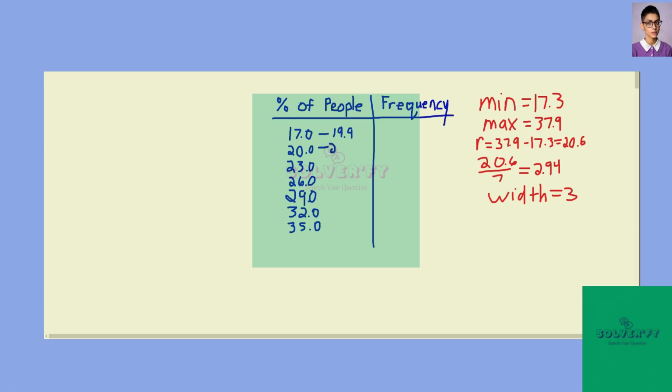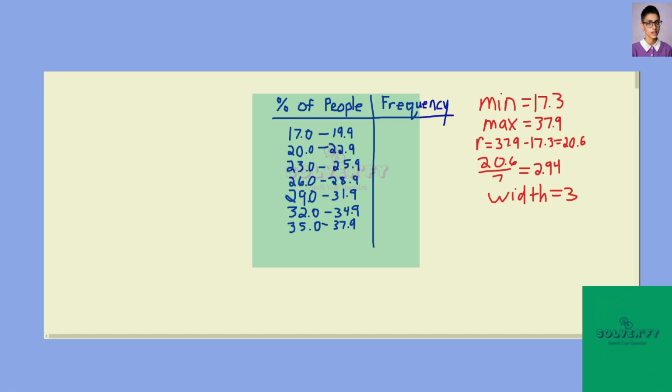And we'll go ahead and do that for all of these. Now, if we were to have included one more class, it would have gone to 38.0. So that's how we can know that this one ends at 37.9.